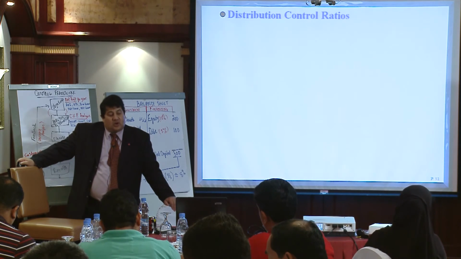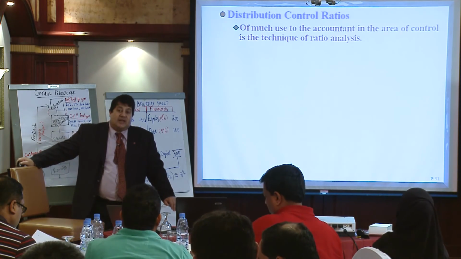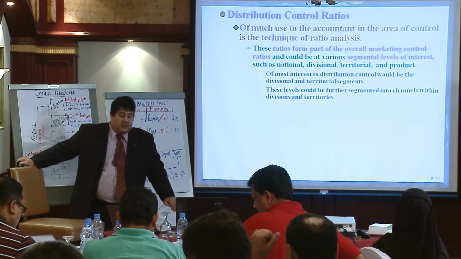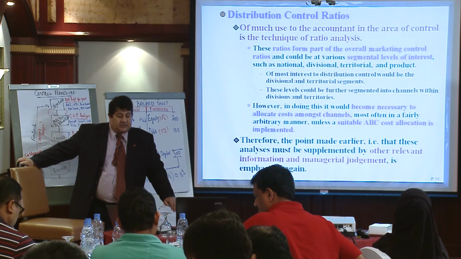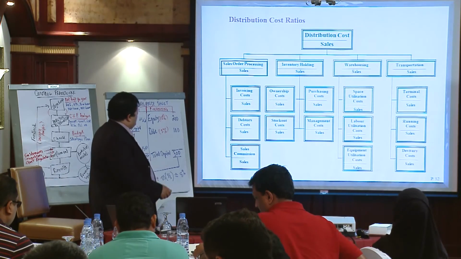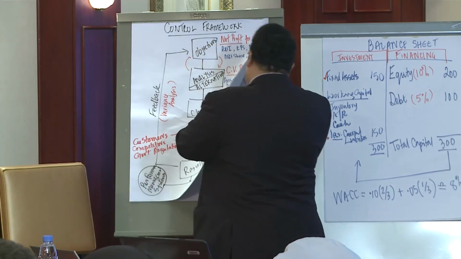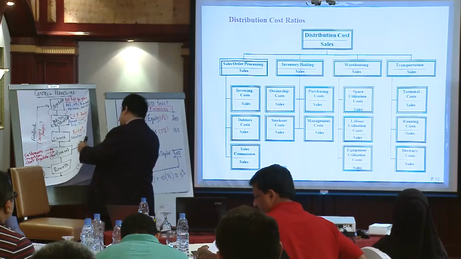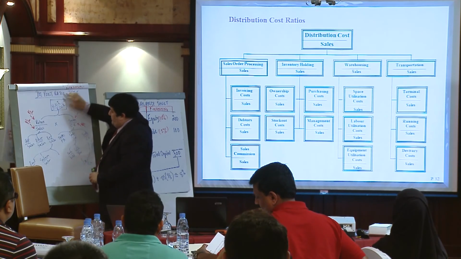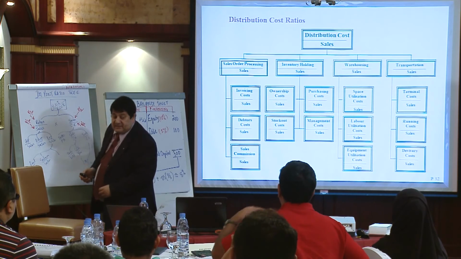Okay, so having done all that, if you have a chart of accounts, you can then do ratio analysis, distribution control ratios. Here are some of the ratios. You can see that I'm using vertical analysis, like what I showed you in the DuPont ratio tree, where I'm dividing everything by sales.